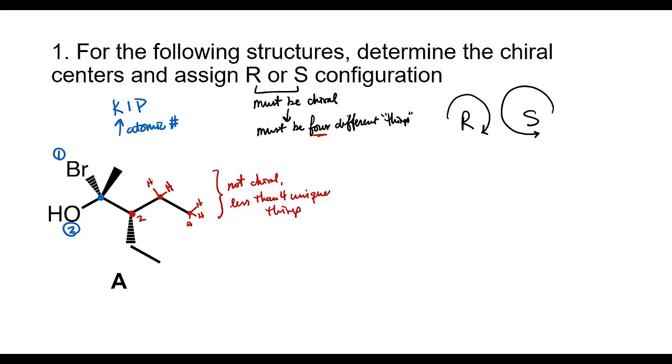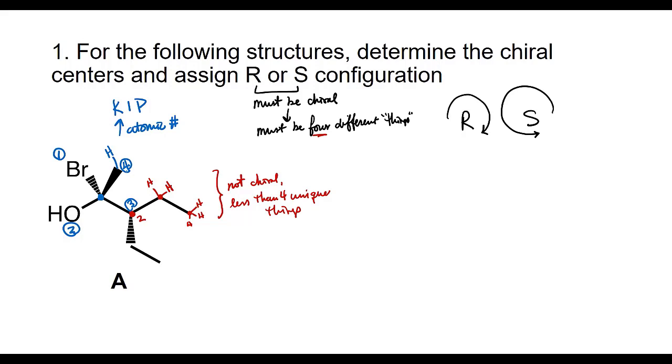What I'm going to do is continue looking at the next thing I'm attached to until I get something different. So I have this carbon, and this carbon is attached to a hydrogen, right? If I look at this carbon, it is attached to a carbon, and because a carbon is a higher priority than a hydrogen, this one wins: 3, 4.